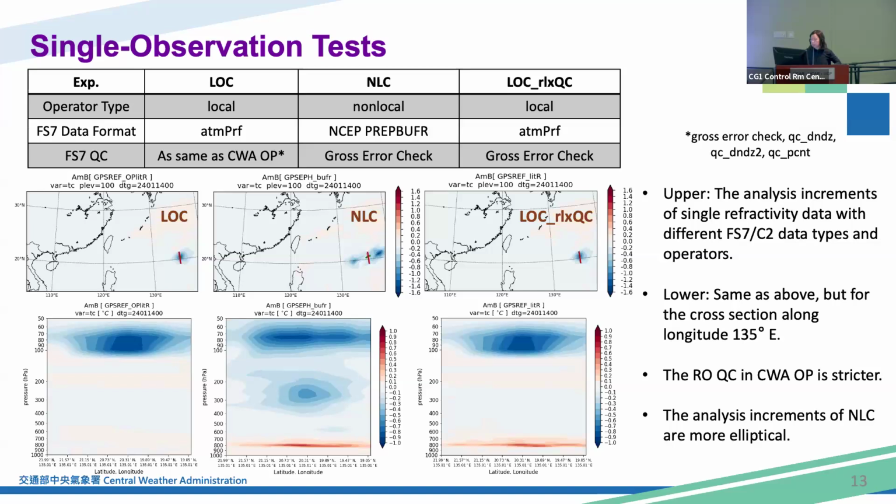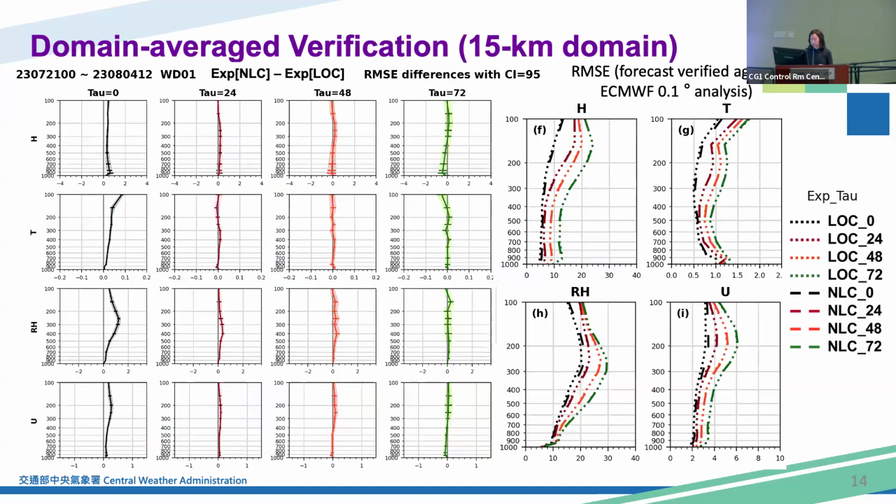We can also see that the near surface has some increment characteristics showing up, which means our observation system uses stricter QC criteria. So in our next experiment, we use different QC criteria between the local and non-local tests.